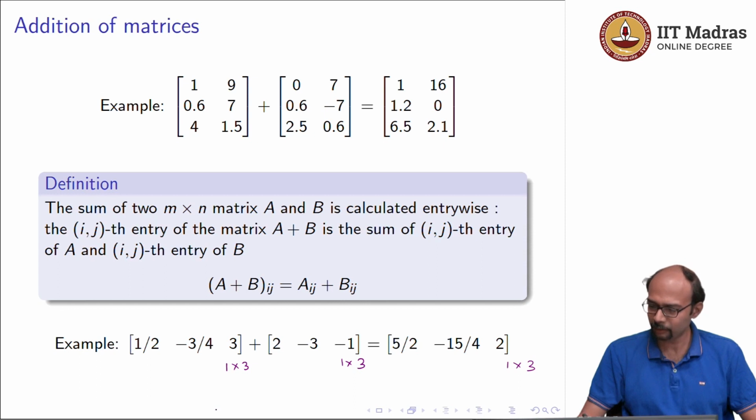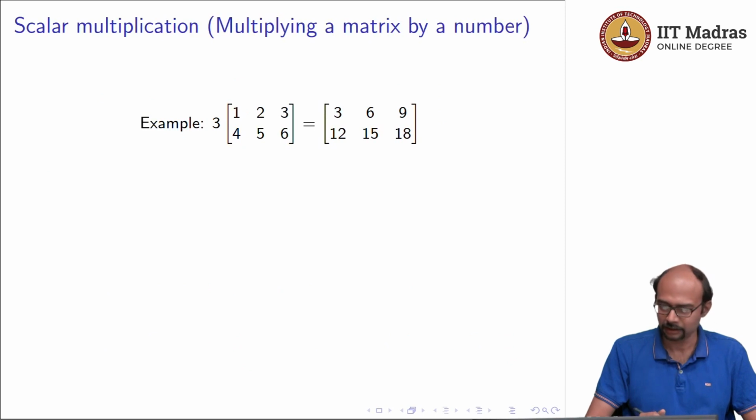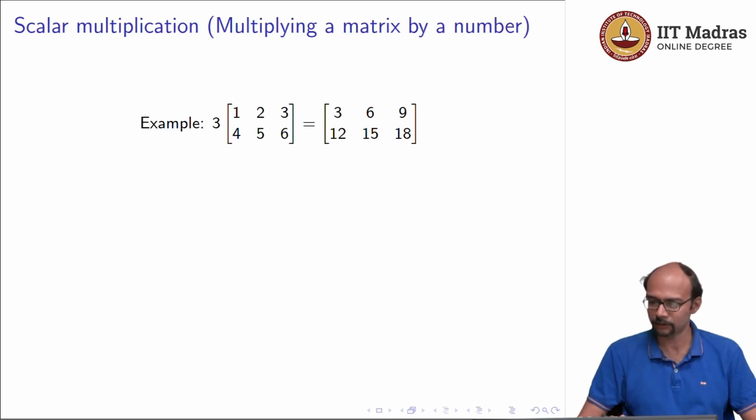For the second entry, we have -3/4 - 3, so we get -15/4. And for the third entry, we have 3 minus 1, which is 2. So I hope the addition of matrices is fairly easy. I hope you are getting the hang of this.